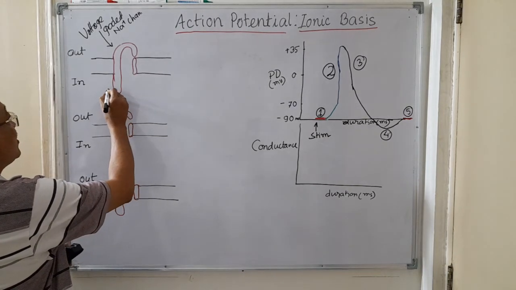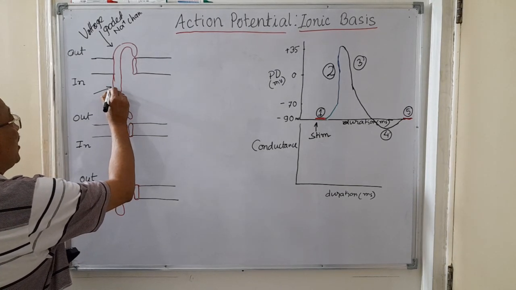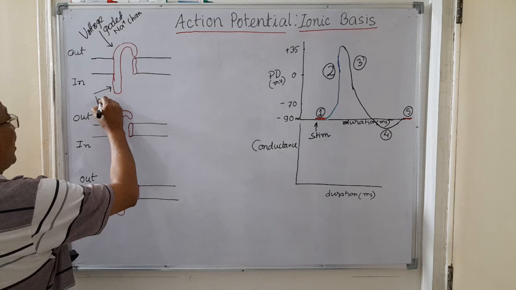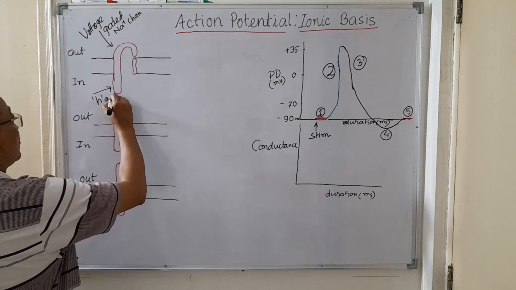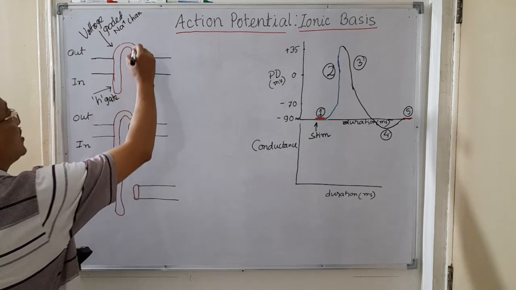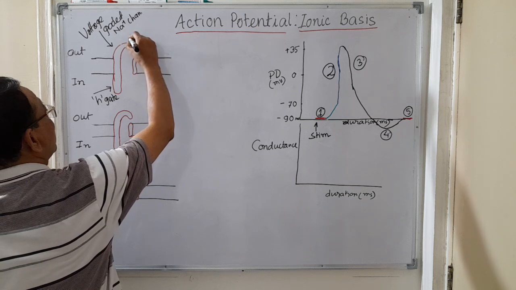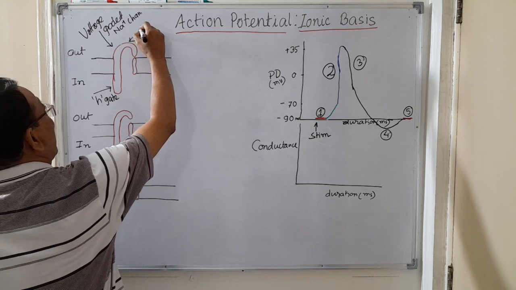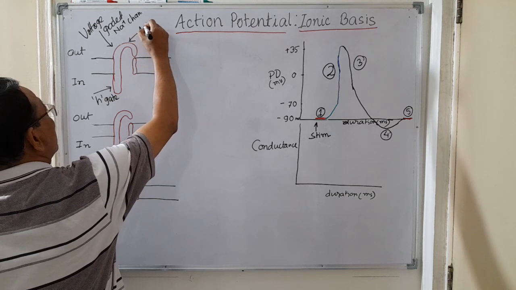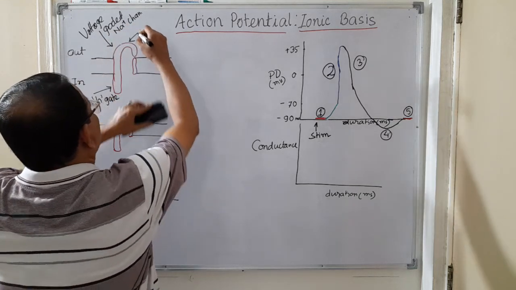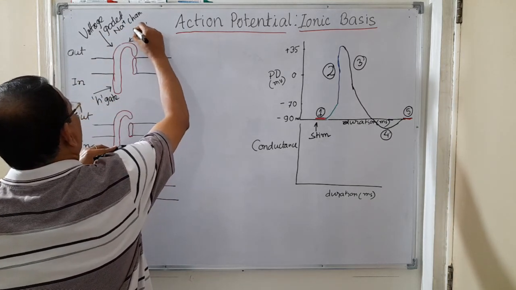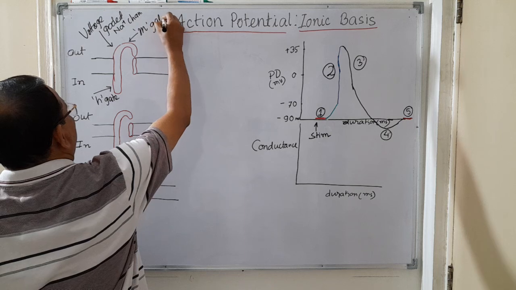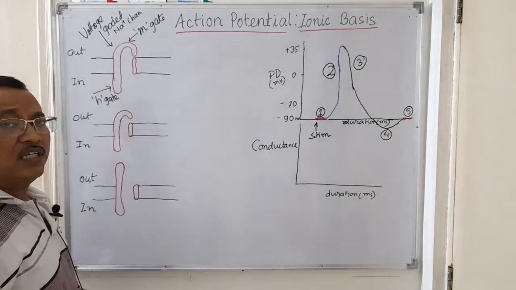The inside gate is known as the inactivation gate or H gate, whereas the outside gate is known as the activation gate or M gate.